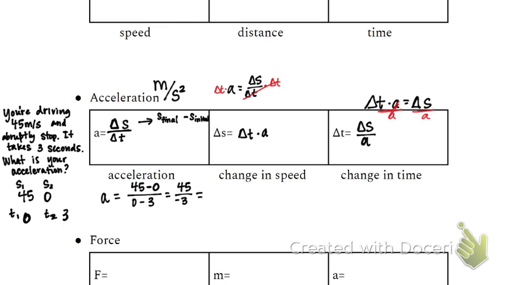So your acceleration is negative 15, what's our unit? Meters per second squared. And it's negative because we slowed down. We decelerated. Okay with acceleration? Do we need to do another made-up problem?